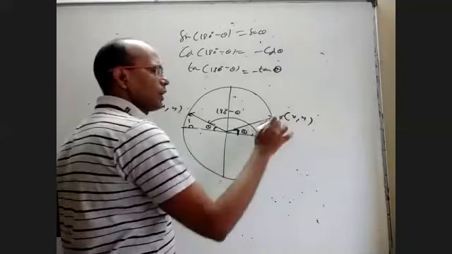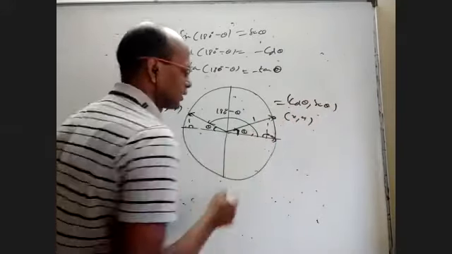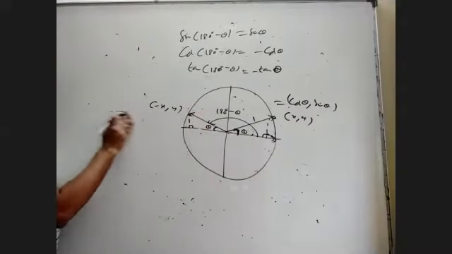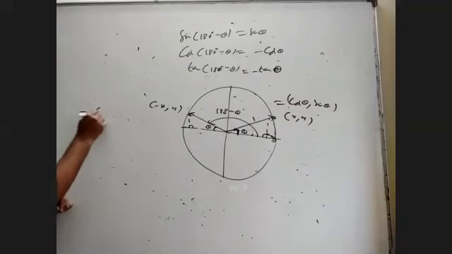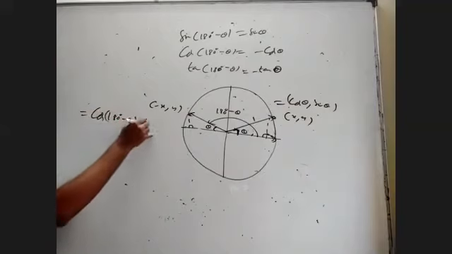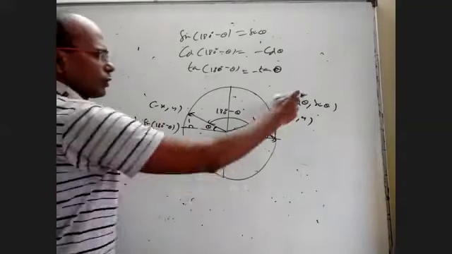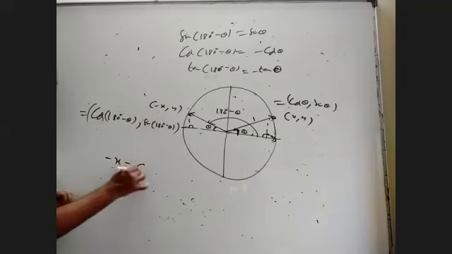But this x comma y will be equal to cos theta comma sin theta, if I take the unit circle with unit radius. Because of 180 minus theta, the x coordinate is cos 180 minus theta, and the y coordinate is sin 180 minus theta. So when you equate, here minus x is cos 180 minus theta.